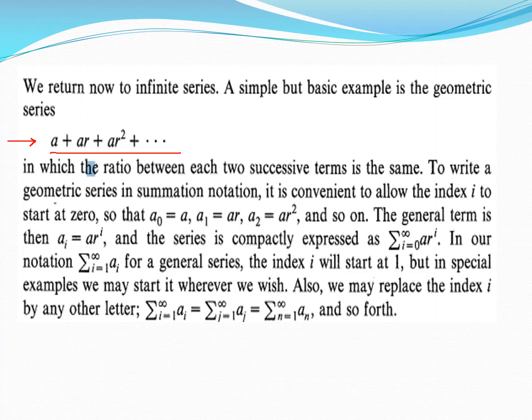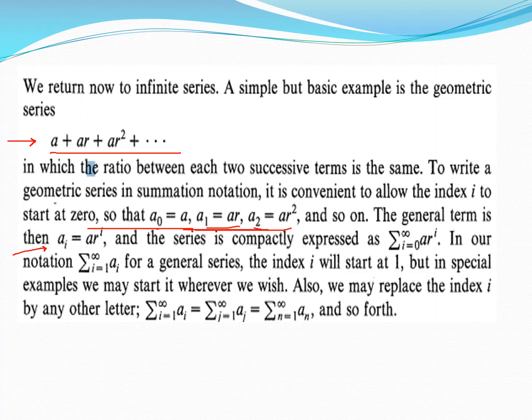If we take the index 0 for writing the geometric series, then a0 will be equal to a. a1 will be equal to ar, a2 will be equal to ar squared, and so on. And in this way, the general term will be a_i, which is a r to the i.